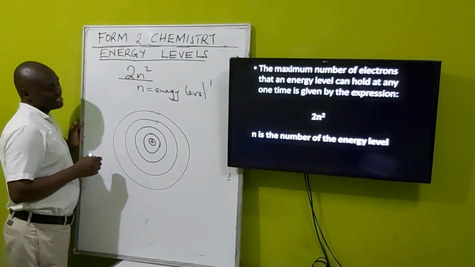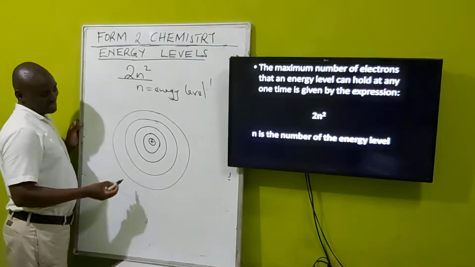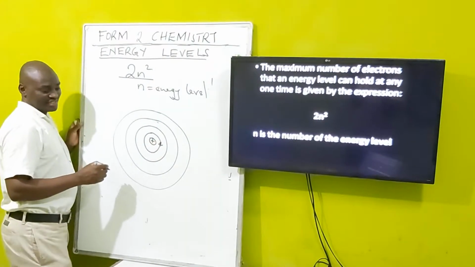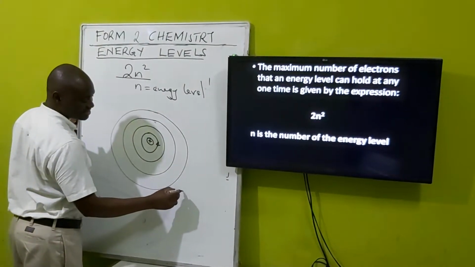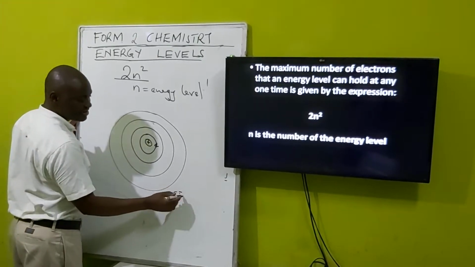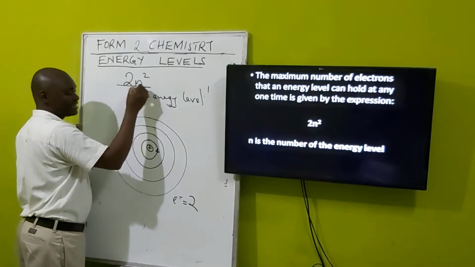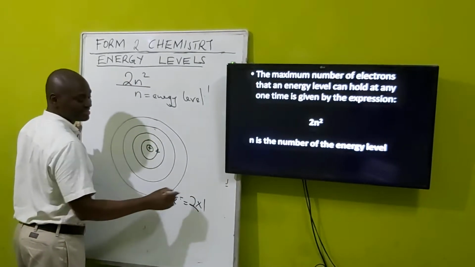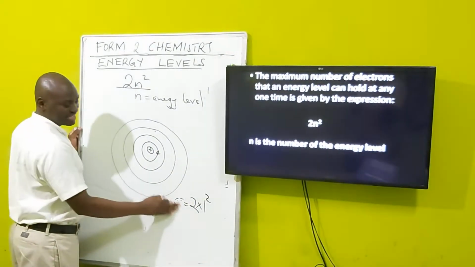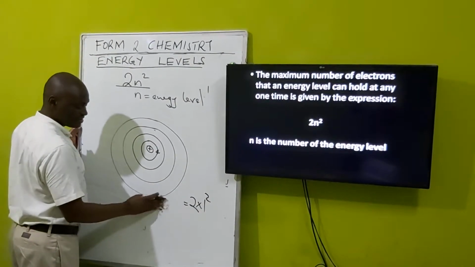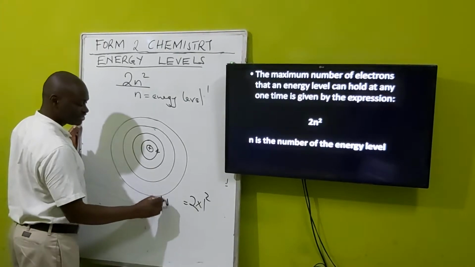So, if we are talking about energy level number 1, then the number of electrons will be 2 times 1 squared. That is the first shell.